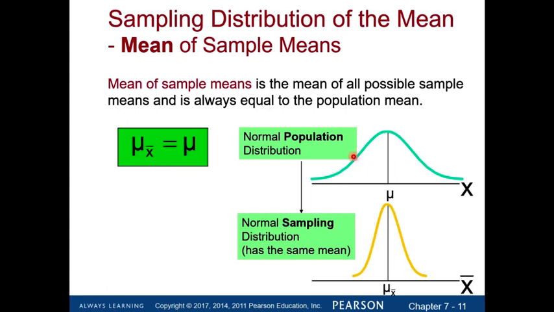If you look at the curve of population distribution, and then at the sampling distribution of the corresponding population distribution, you can see that their centers are the same, which means the mean of population is always equal to the mean of the sample means.